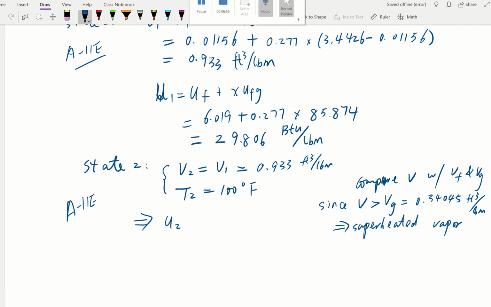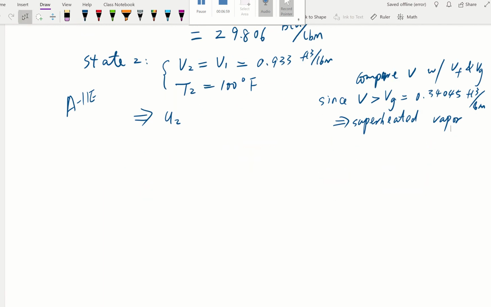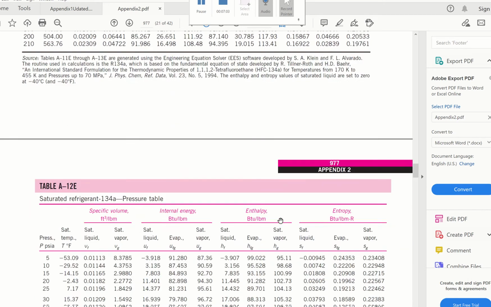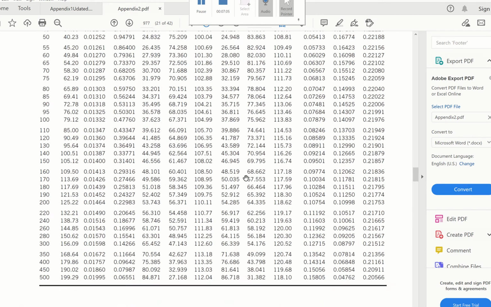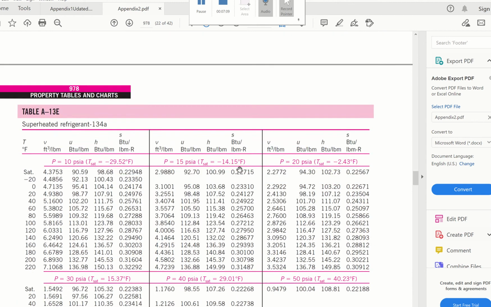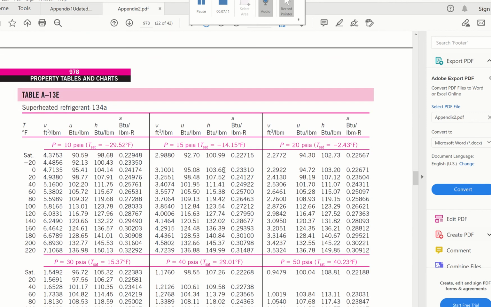So we're going to go to the right table. What table will we go to? We're going to look at table A13E. At table A13E, we know it's 100 Fahrenheit, and we need to look at the second property.